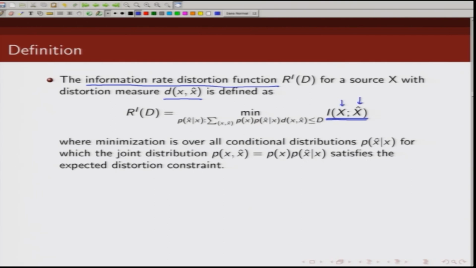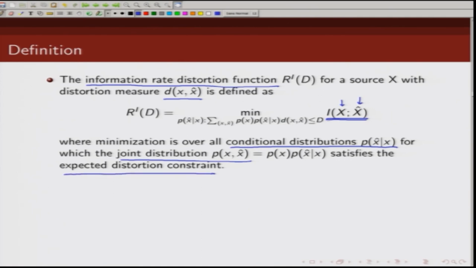So this is a source and this is a reproduced source. So, the mutual information between X and X hat, minimum of that, and the minimization is taken over all conditional distributions p of x hat given x, for which the joint distribution p of x, x hat satisfies the expected distortion constraint.